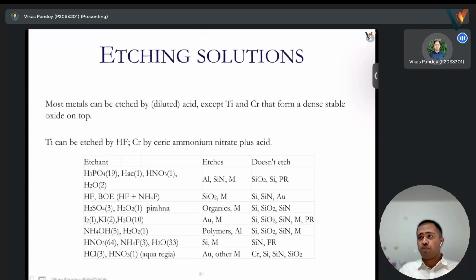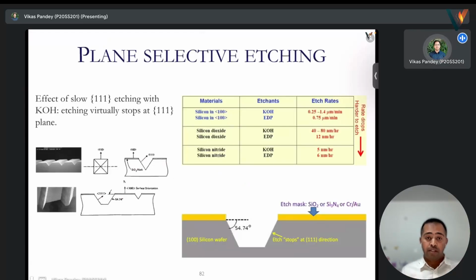They are used for specific materials. You see, these materials can etch aluminum, silicon nitride, and metals, but will not etch SiO2, silicon, or PR. So we can use it on a silicon substrate with SiO2 or PR as a mask.